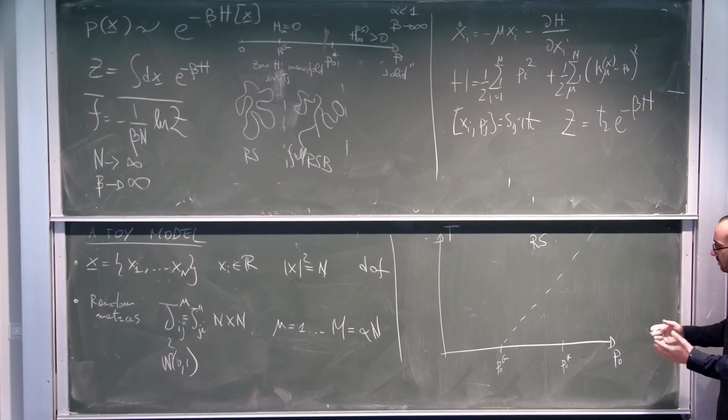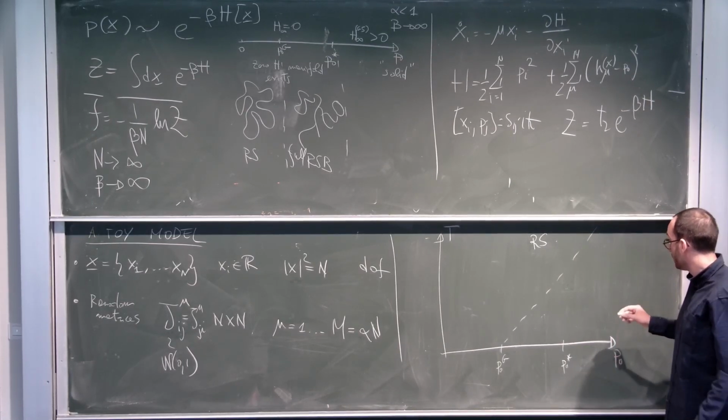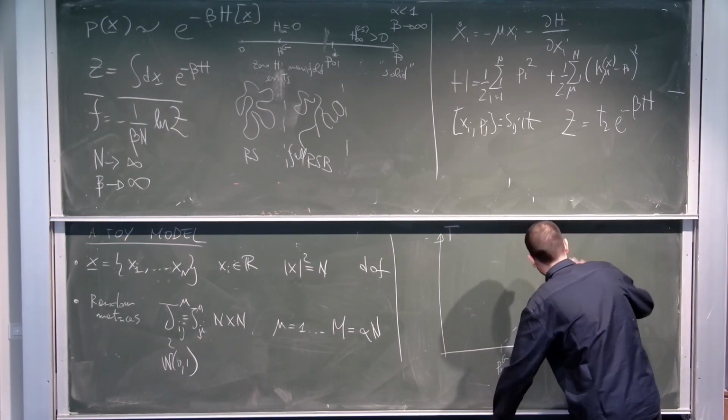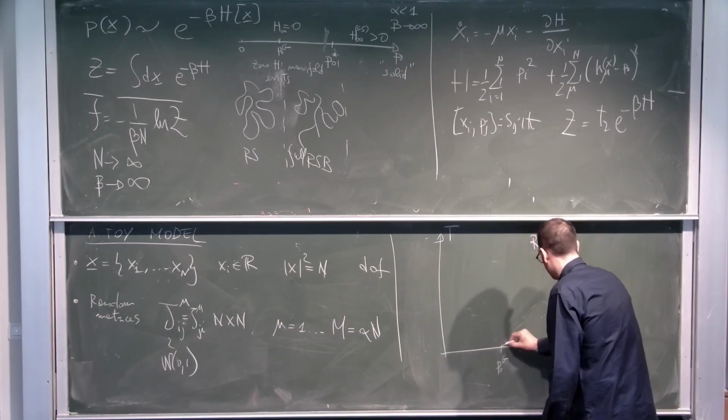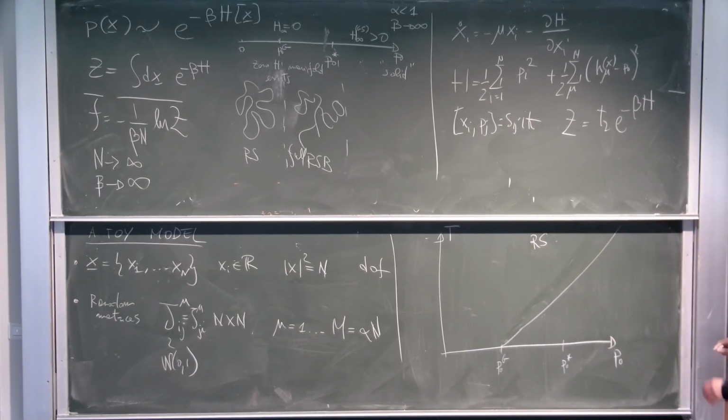And now I can add quantum fluctuations. If I add quantum fluctuations, the naive expectation is that when I open quantum channels, I can do tunneling.